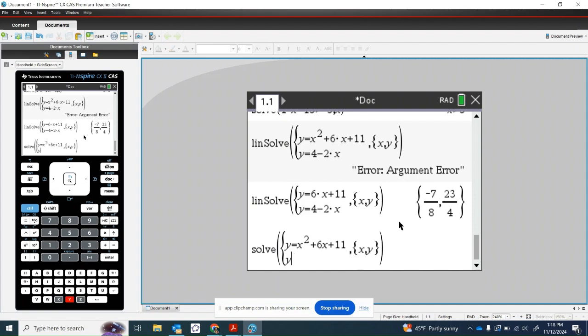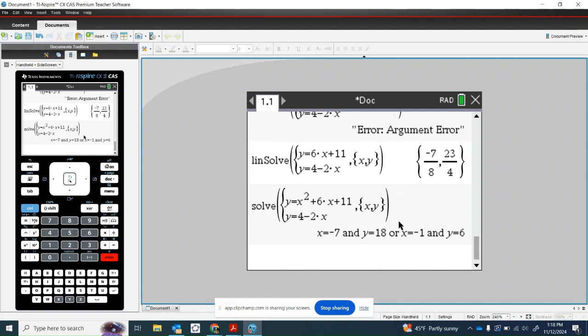And then y equals 4 minus 2x. So there it will do your pairs because it's x squared, so you're going to have 2 solutions. I could do 3 equations, 3 unknowns, or I could do that 4 equation, 4 unknown that we did in class. I think most of you did it in Wolfram Alpha.